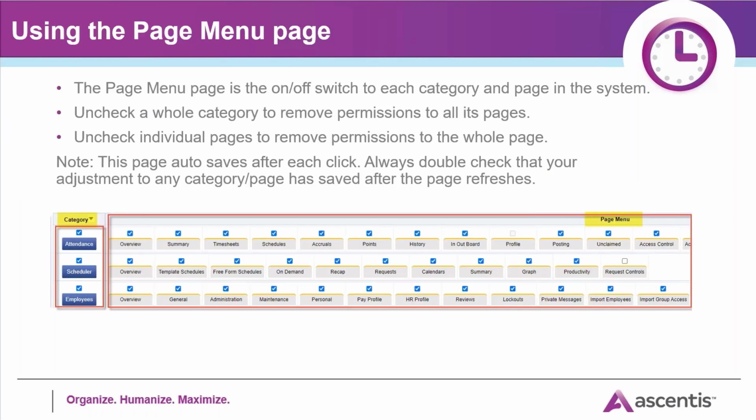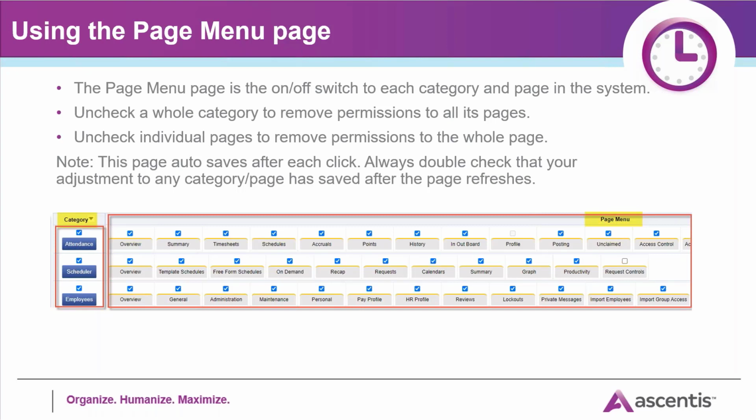So the page menu page is where you actually get to activate the different categories and pages each access group will be able to see and use. You'll notice off to the left-hand side of my page, I do have the categories listed, like the attendance category, the scheduler, the employees.